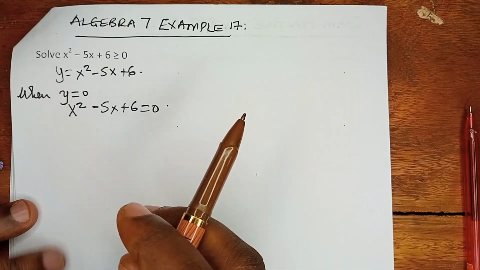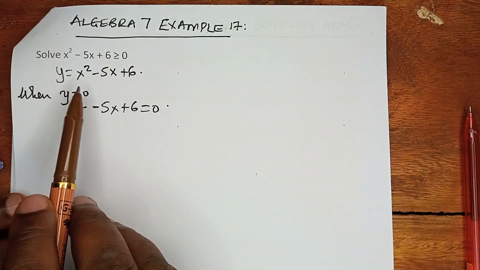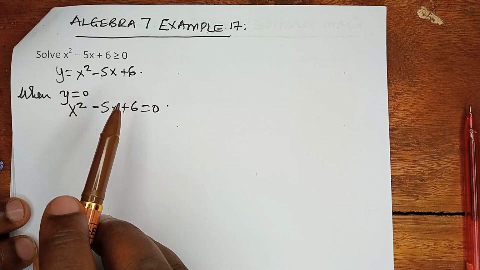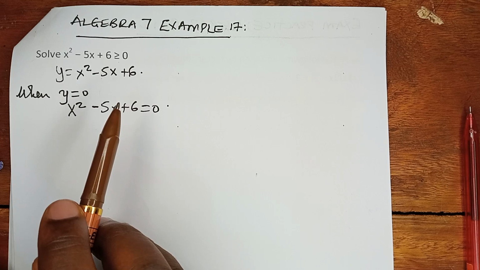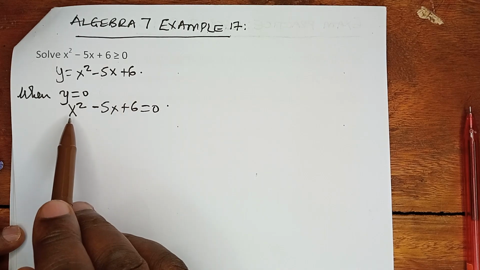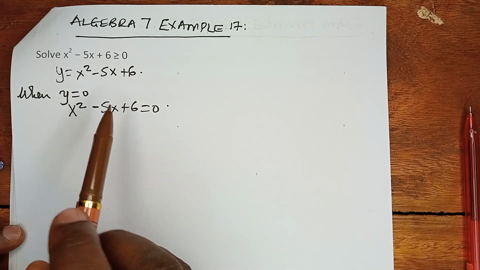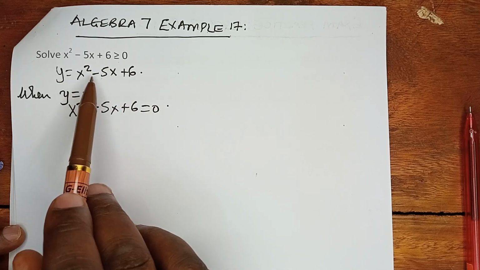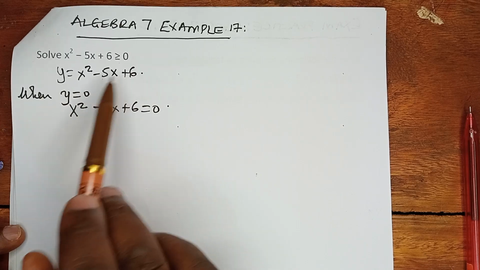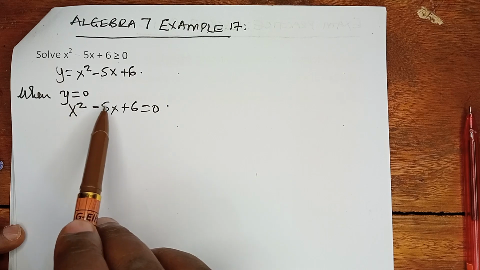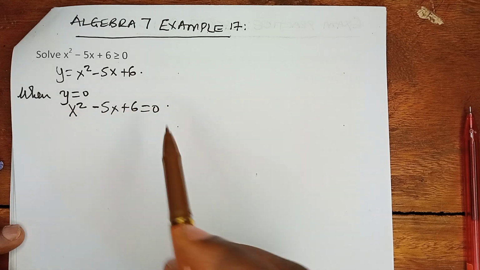Before we do that, when y is 0, we'll be looking for the x-axis intercept, which are the values of x as far as this quadratic equation is concerned. So if we are solving y equals x squared minus 5x plus 6, then when y is 0, this equation becomes x squared minus 5x plus 6 equals 0.